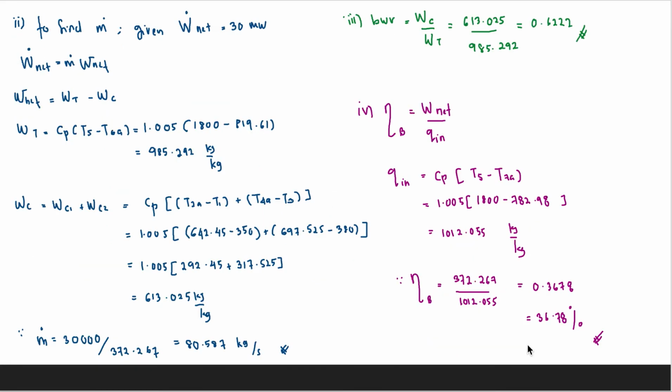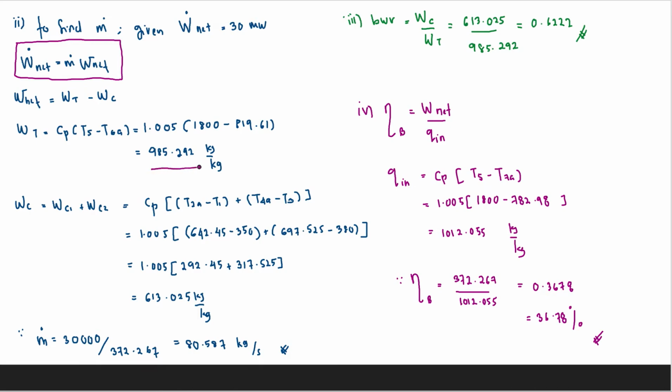Then we go to question number 2 to find m dot. Given here, W dot net is equal to 30 megawatt. This is the formula: W dot net is equal to m dot multiplied by W net. W net is WT minus WC, and this is the formula for WT: CP, T5 minus T6A.